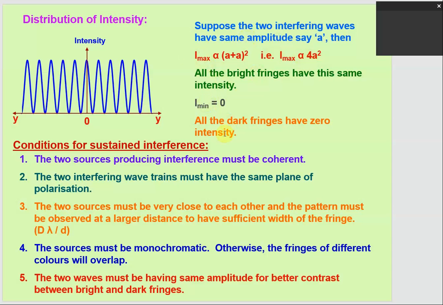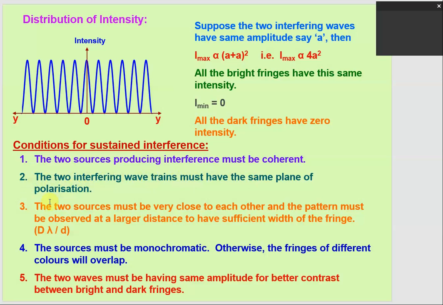So how can we achieve the sustainable interference pattern? Here are the conditions for it. The two sources producing interference must be coherent, as we have already discussed. The two interfering waves must have the same plane of polarization, meaning they must be producing the light in the same plane.